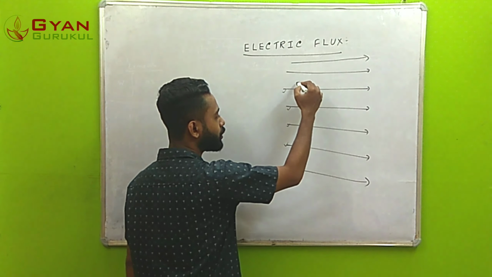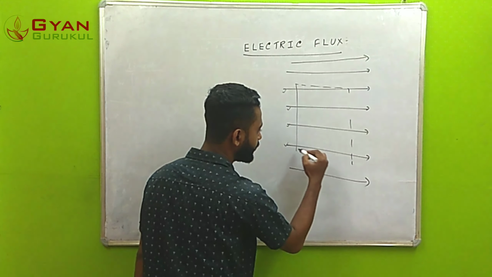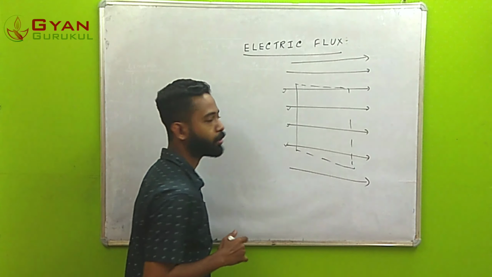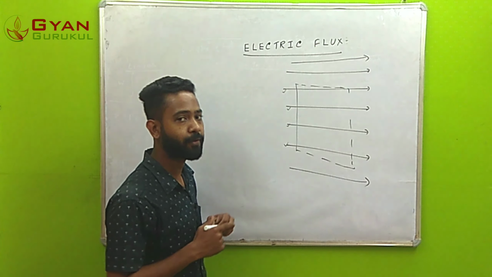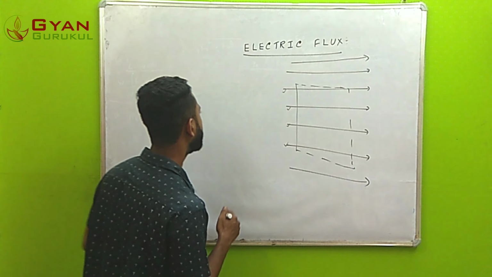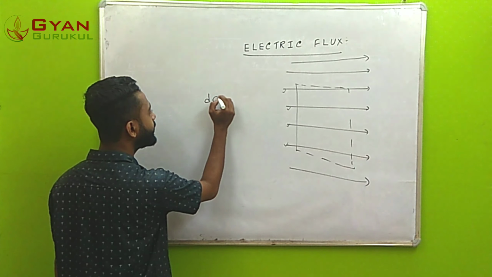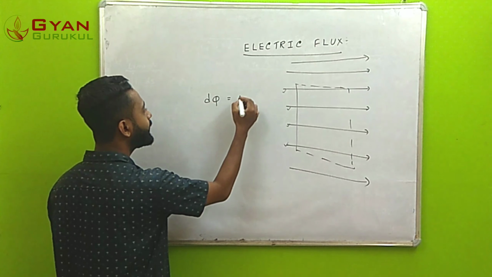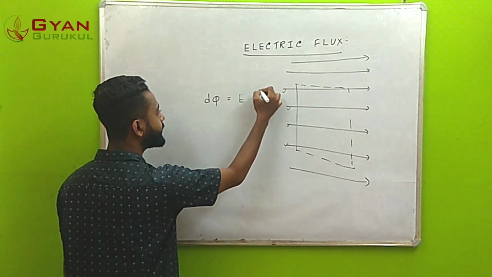So now let me just draw the surface over here so that we can understand it clearly. This was the surface and this is where the field lines were crossing through. Now the expression for electric flux is given by the letter phi. If I talk about a small amount of flux, I can write it as d phi, and the formula for d phi is given by the dot product of E and ds.